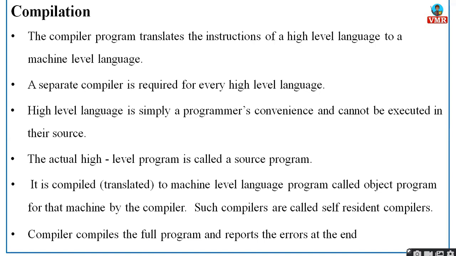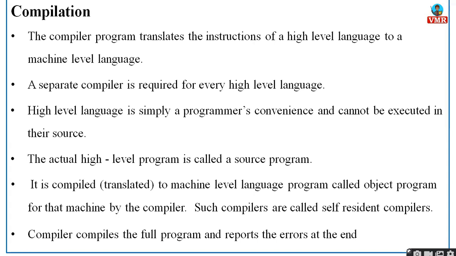So the basic idea: as I said, if you know English and I know only Telugu, and I wanted to communicate with you, I wanted to tell you how are you, right? You ask me, how are you? How can I understand that?